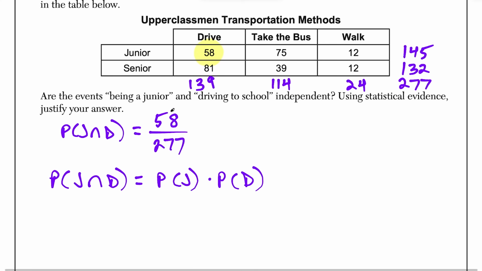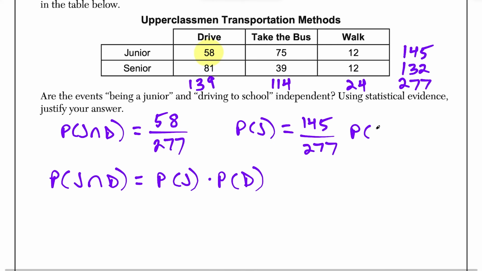Okay, and then I'm going to use the calculator in a moment to see what this decimal works out to. But now let's see, what is the probability of being a junior? So the probability of being a junior, if we look at this row, there are 145 juniors out of the total number of people here, 277.